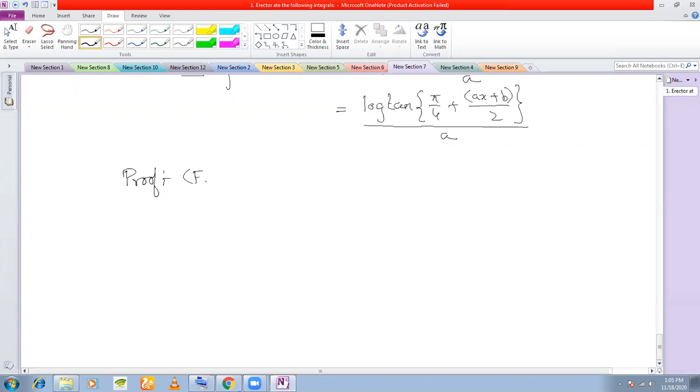For the first part, I'll just show you two lines and you will be able to do it, just as we had done cosec x. You start by saying let I is equal to integral sec x dx, which you can also write as sec x by 1 dx. Now you multiply the numerator and denominator by sec x plus tan x.